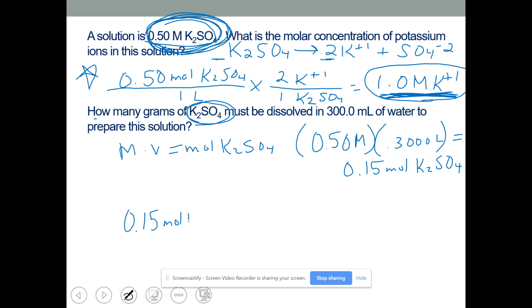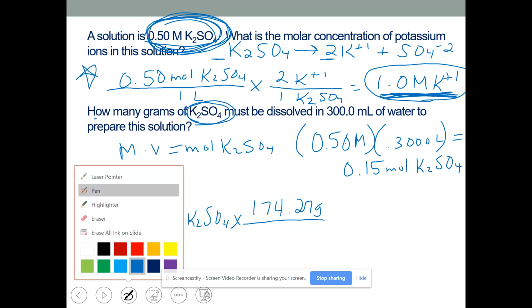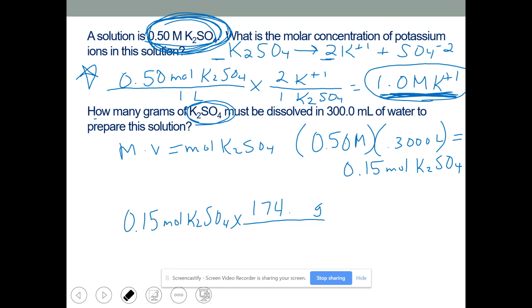which I already added up the molar mass of this. And it happens to be 174.27 grams. That's a 7. So make that a little neater. So it's 174.27 grams for every mole of potassium sulfate.